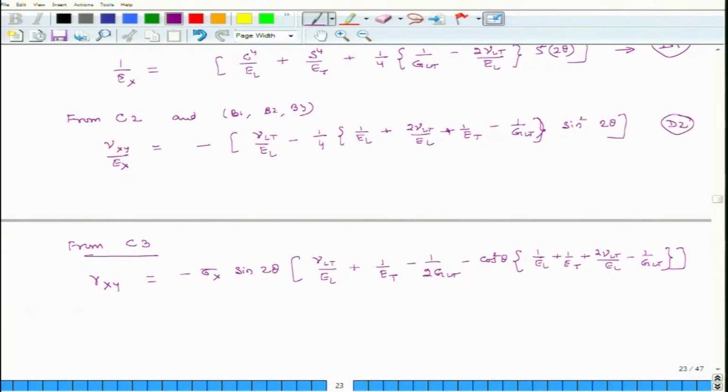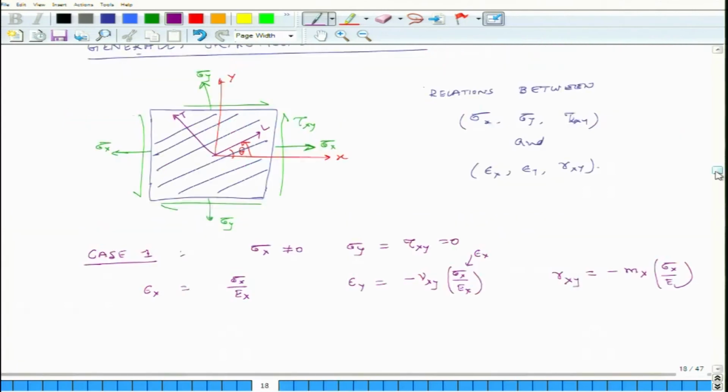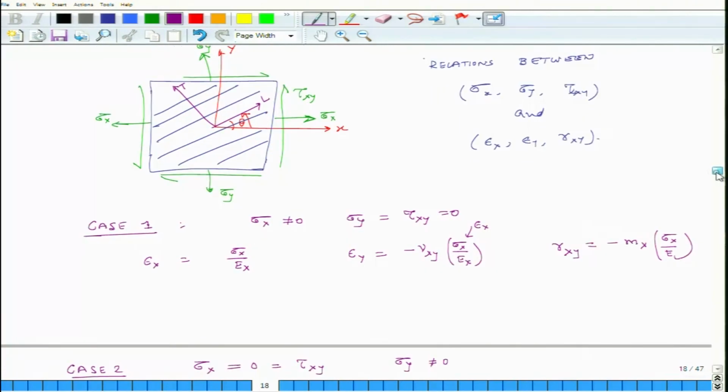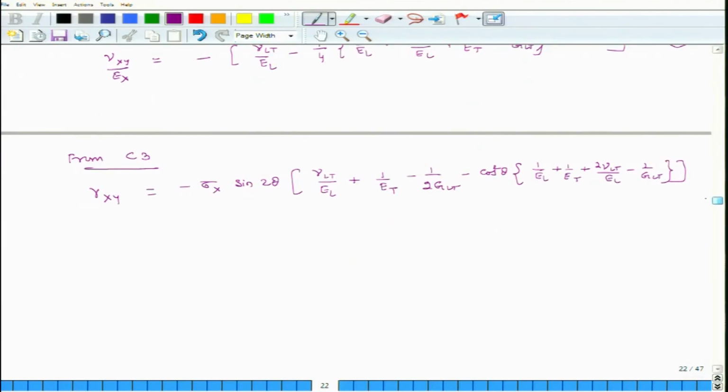And if you see the definition, in the generally orthotropic case, gamma xy is equal to minus mx times sigma x by EL. So, if you use this definition, then from this C3 you get mx. So, what is mx?